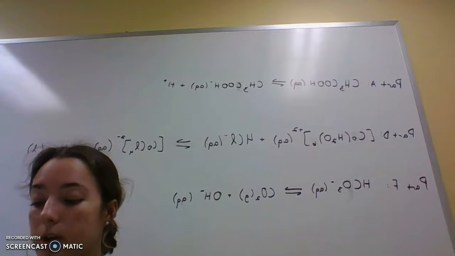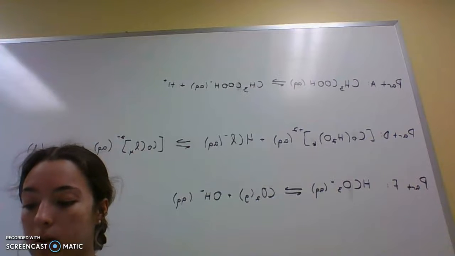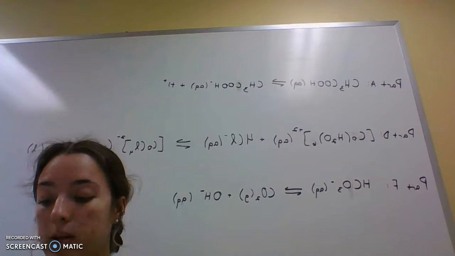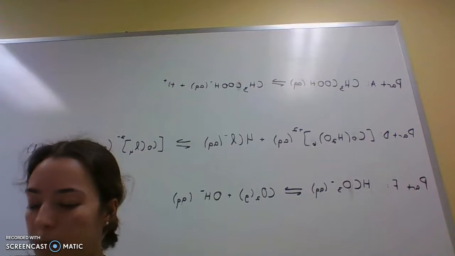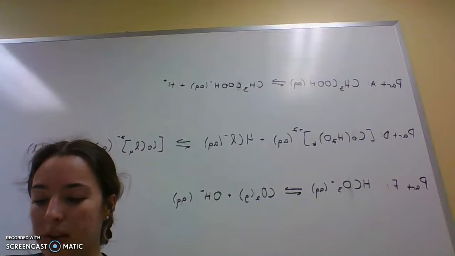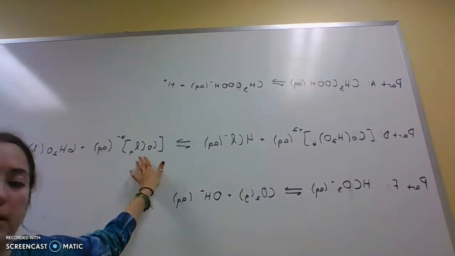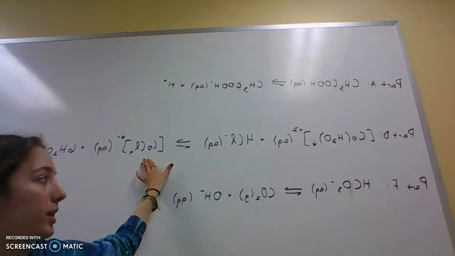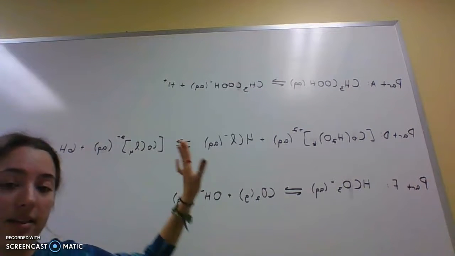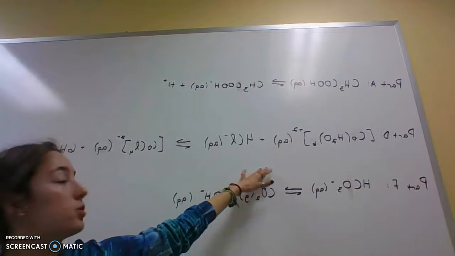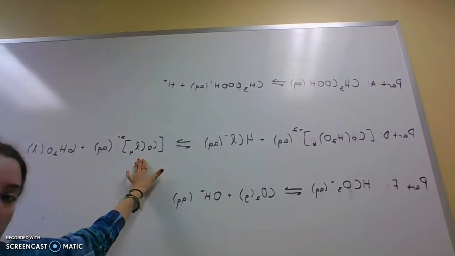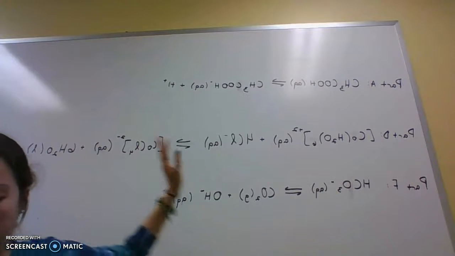So this was a shift to the right or to the products. Our observations supported this with the equation because the ion CoCl4 2 minus is blue. So Le Chatelier's says that adding that would shift it to the right, and we saw that because it shifted towards the blue side.